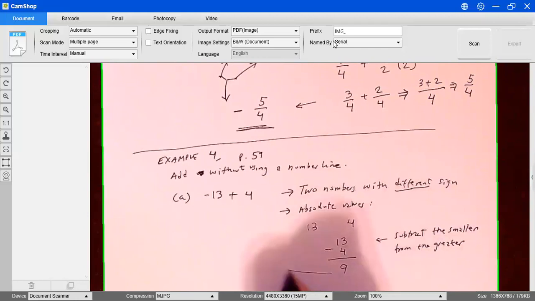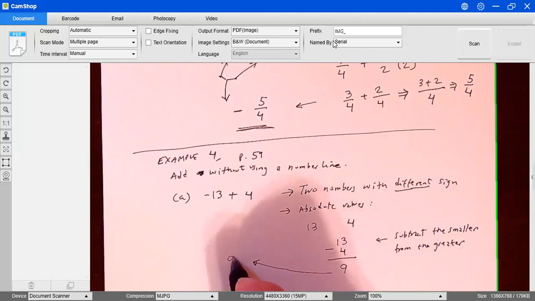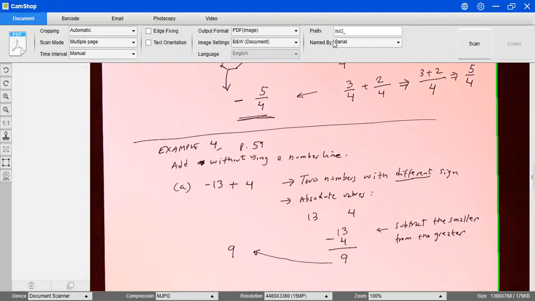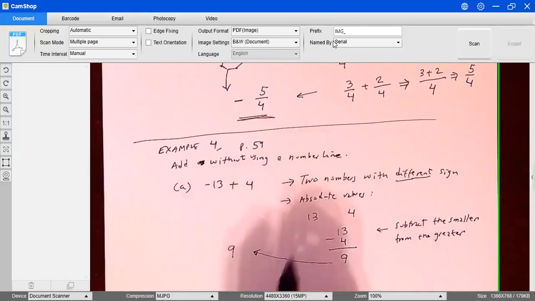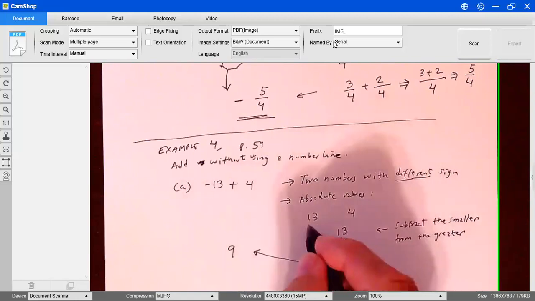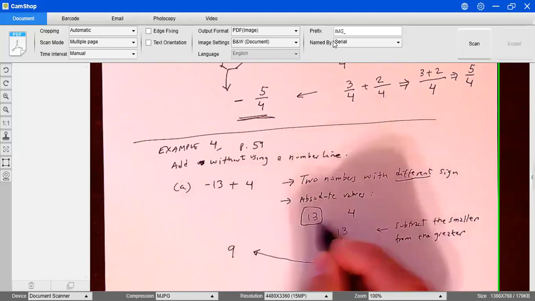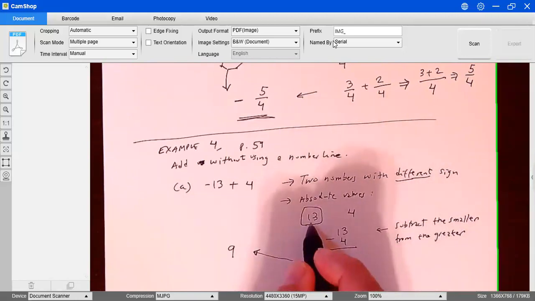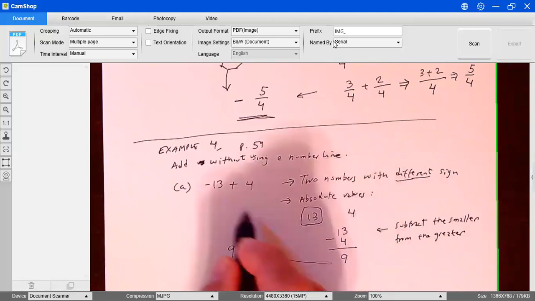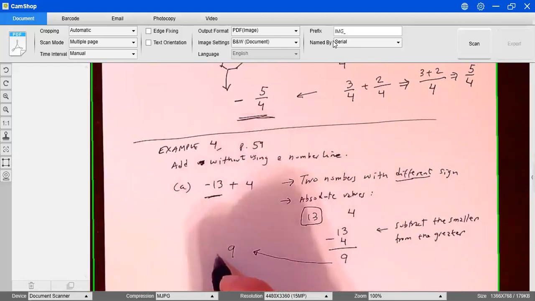So we're going to write here the result of the process. And now the rule is that you're going to use the sign of the greatest. This is the greatest absolute value. So you need to ask, what is the sign of 13? You check and 13 has a negative sign.